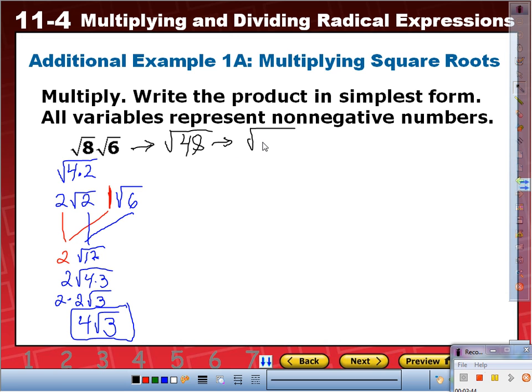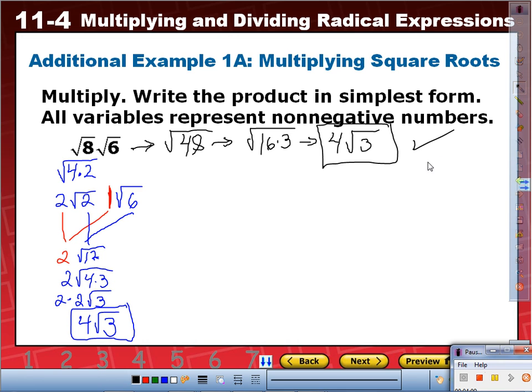Yes. This is square root of 16 times 3. What is square root of 16? 4 square root 3. Oh, wow. Copy that. And like I said, these two methods will work to get the same answer. So you're going to have to make decisions in regards to which method you want to use. You can use either or. Copy that, please.